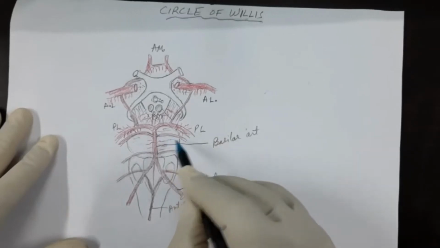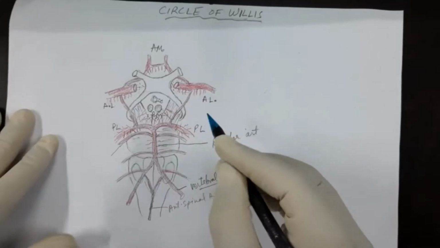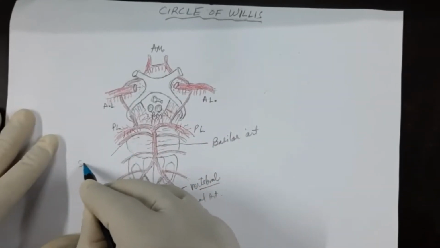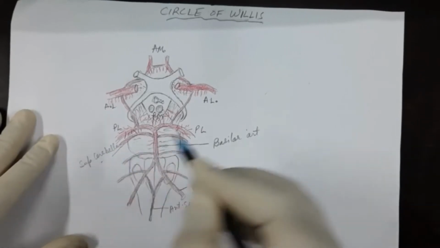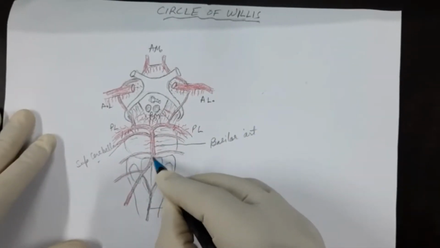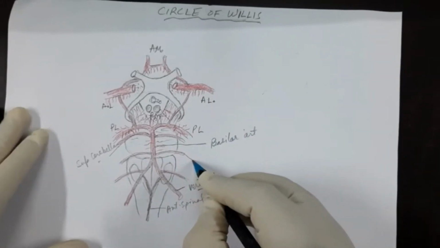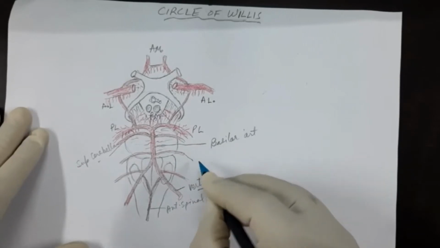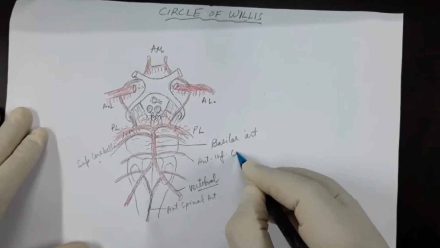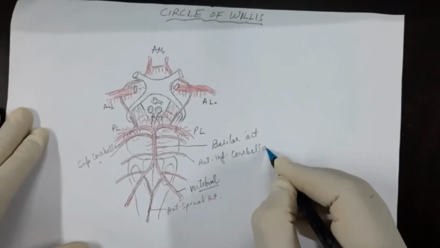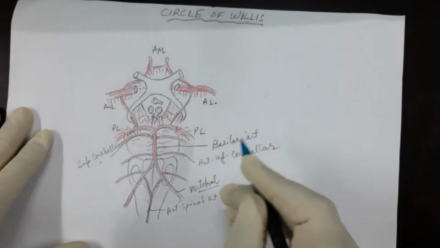Now this basilar artery gives a branch called the superior cerebellar artery. Soon after its formation, at the lower end, the basilar artery gives this branch, which is called the anterior inferior cerebellar artery.